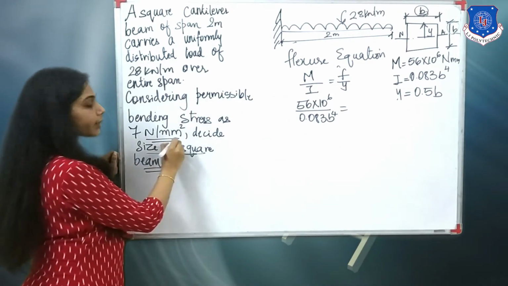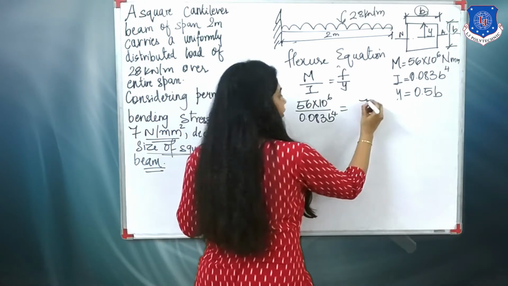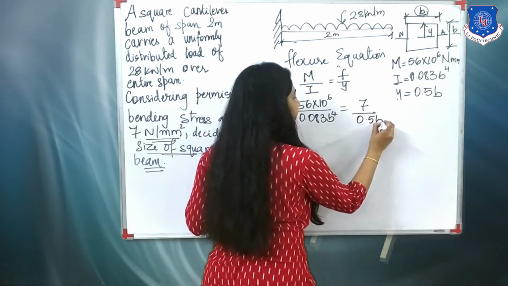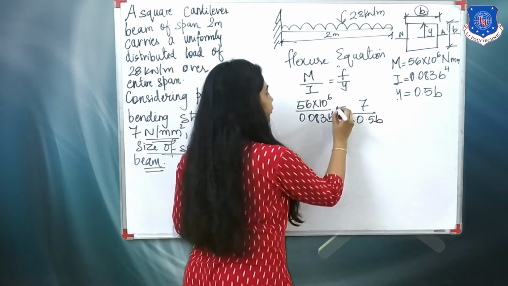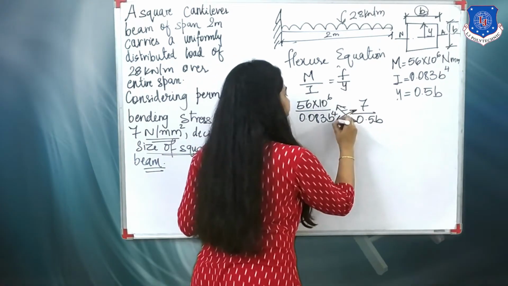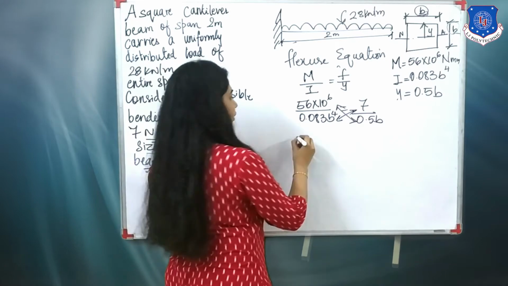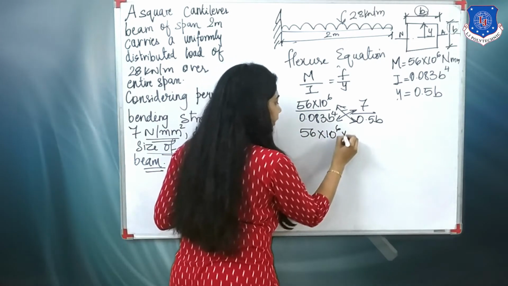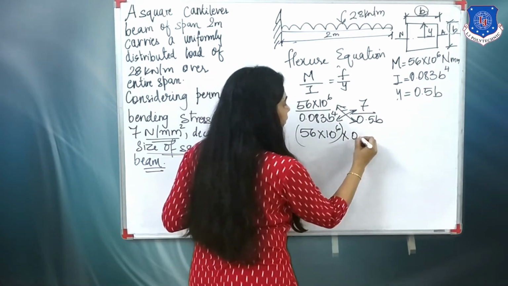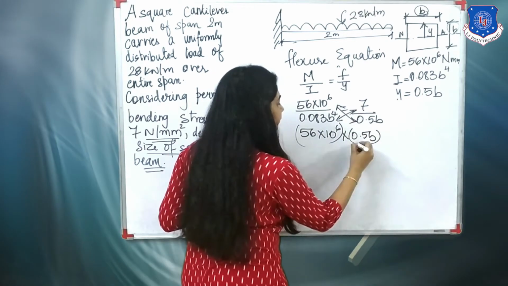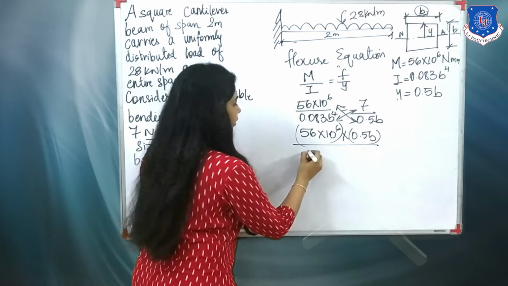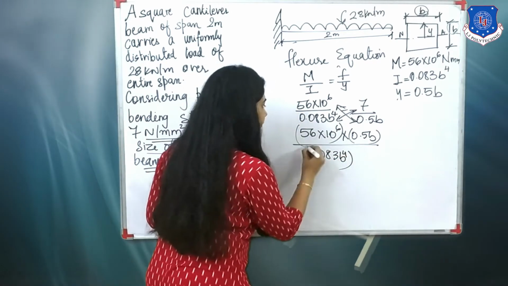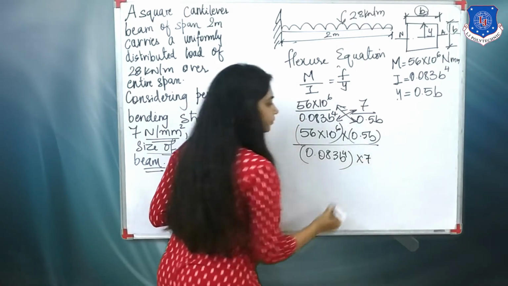F is already given in the question, which is 7, and Y is 0.5 B. Now with the help of cross multiplication, we will get the value of B, which will be 56 into 10 raised to 6 into 0.5 B upon 0.083 B raised to 4 into 7.